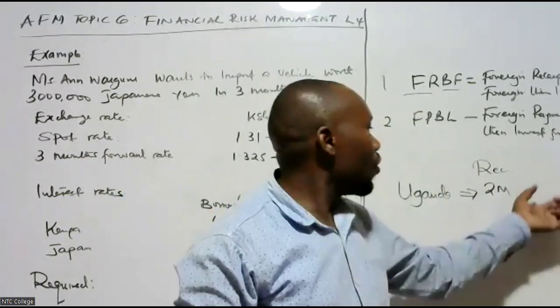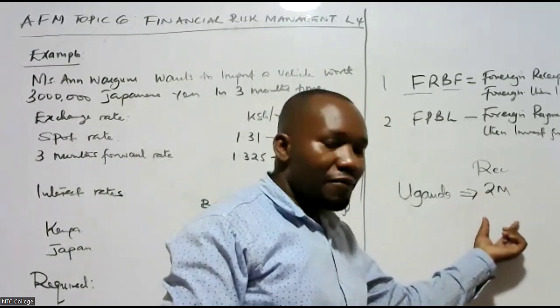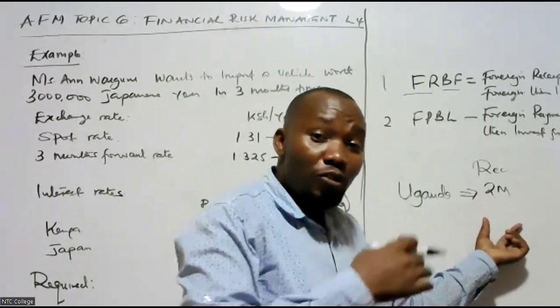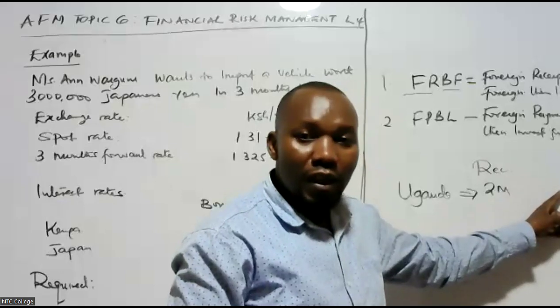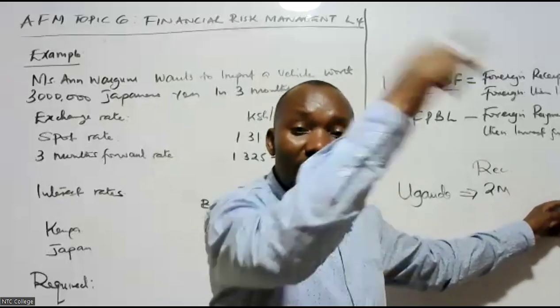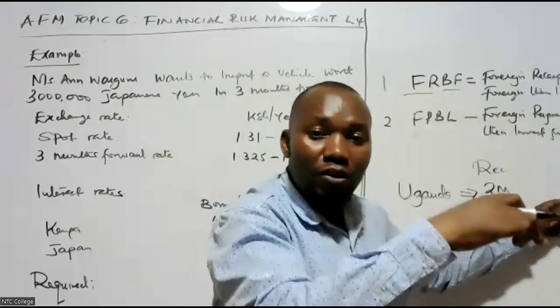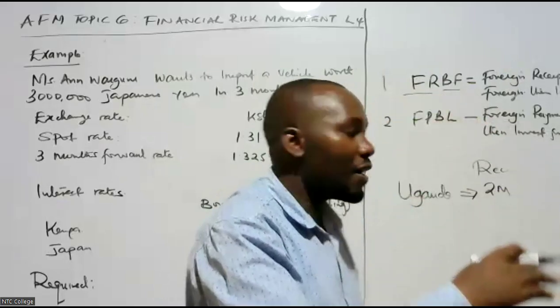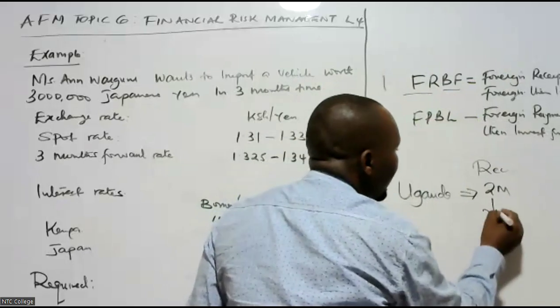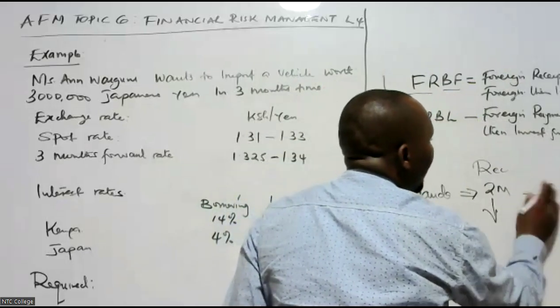Are we together? You don't want to wait because you don't know what will happen. So go and borrow now in that country an amount that will also mature in 3 months' time, such that when this one is due for receipt, it is also due for payment.